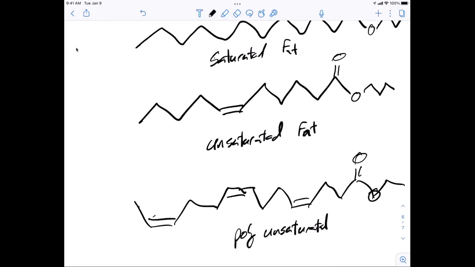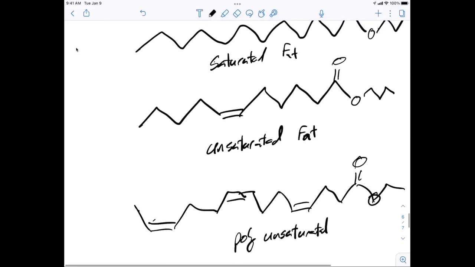But that's because polyunsaturateds have lower melting points than saturated. And all naturally occurring double bonds in unsaturated and polyunsaturated are cis double bonds, not trans. Once you make a trans double bond, it doesn't react the same way.